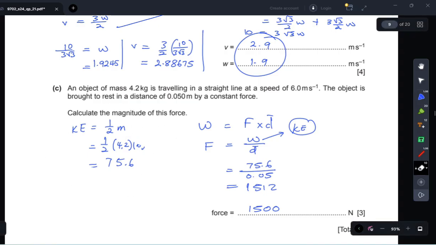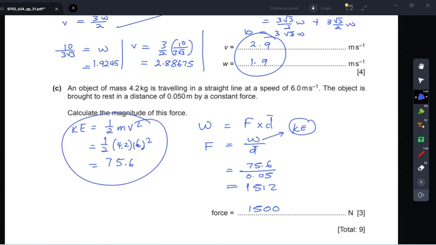I hope you understand this, right? The kinetic energy is half mv squared, where v was 6. The object had kinetic energy, and then all of a sudden it was brought to rest.